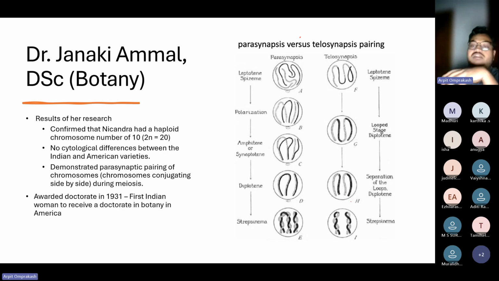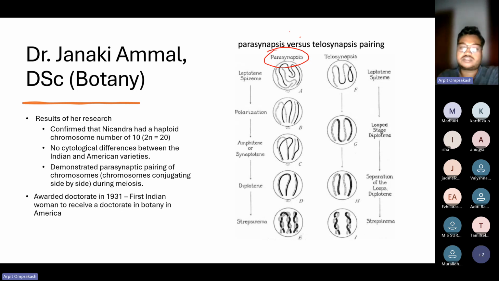Right. So earlier there was a huge debate of how chromosomes pair during meiosis, and she cleared out that debate and showed that chromosomes conjugate side by side by the process of parasynapsis during meiosis.